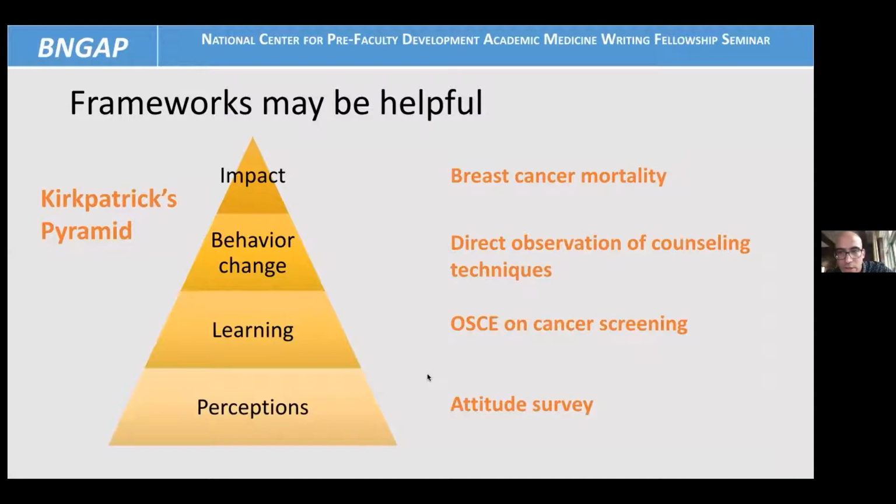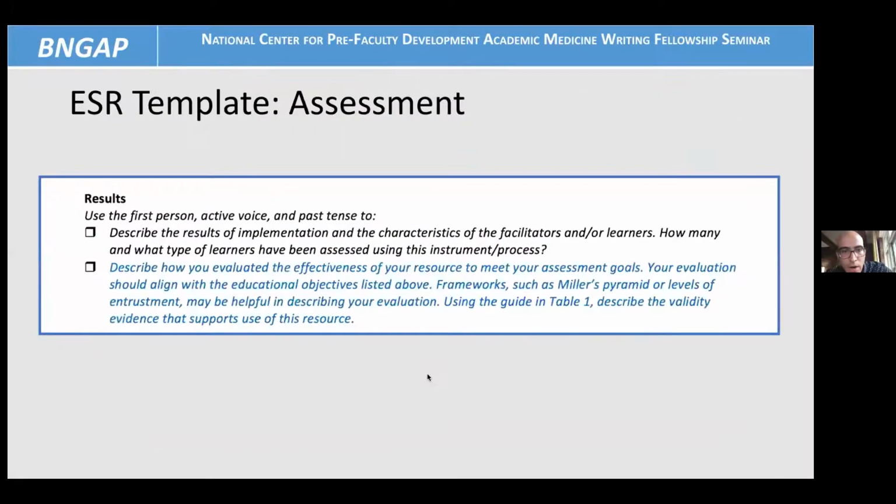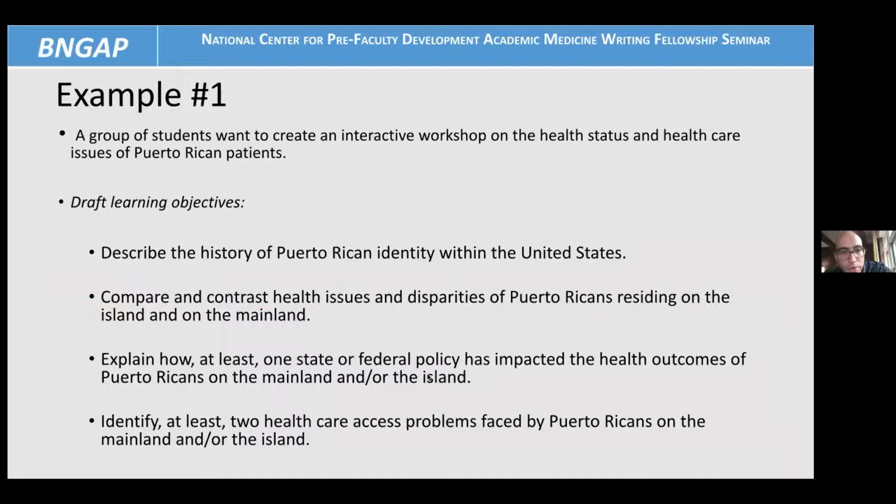So I'll give everybody just a few minutes to think through and perhaps we could get a few volunteers to chime in and tell us how they might measure perception, measure learning, measure behavior change, and finally some sort of grand impact that our group of students might want to hopefully achieve.